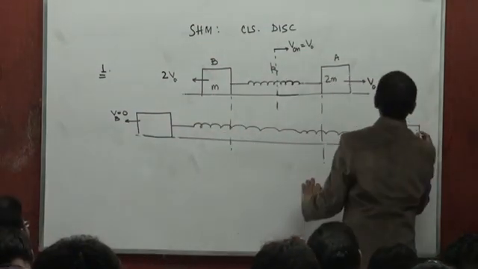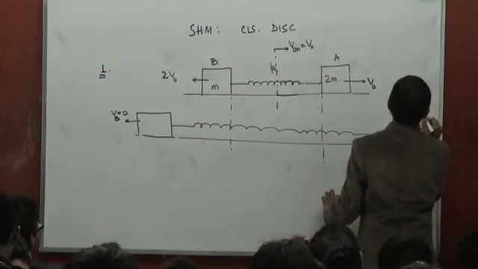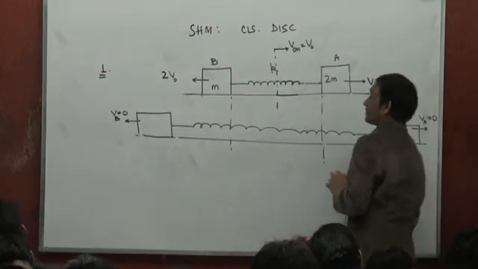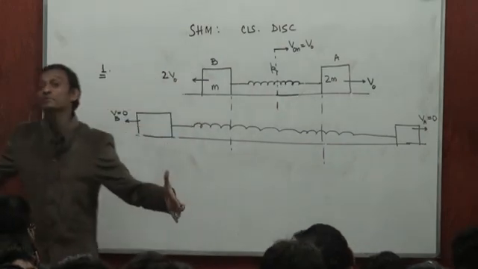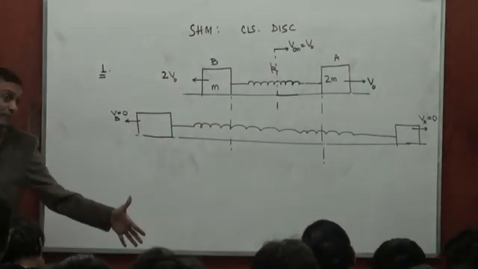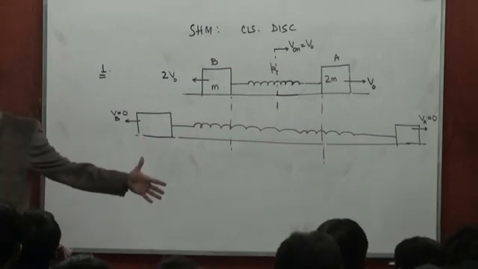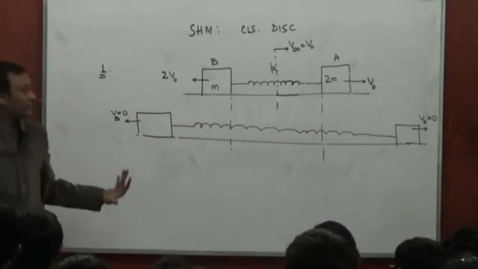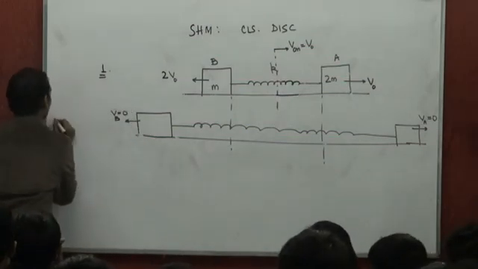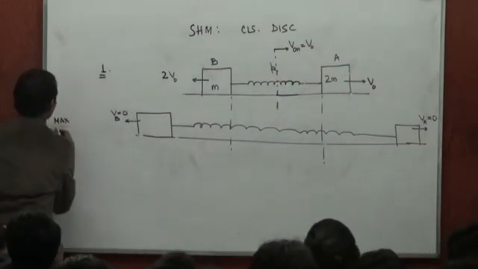And the other extremity of this, velocity of A, will also become 0 in the center of mass frame. In a state of maximum elongation, when both have reached their right and left extremities respectively, right? So this is a state of maximum elongation.